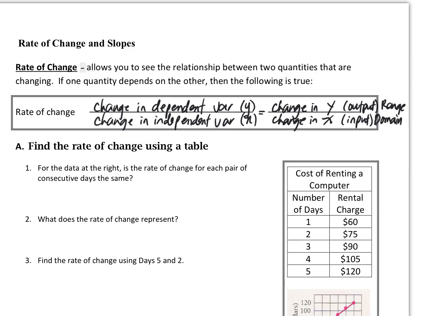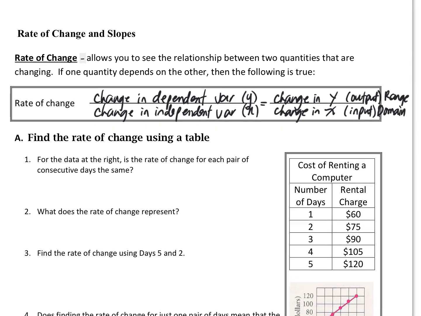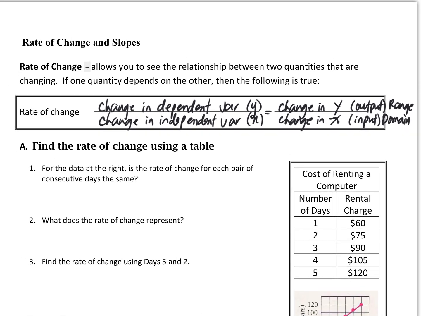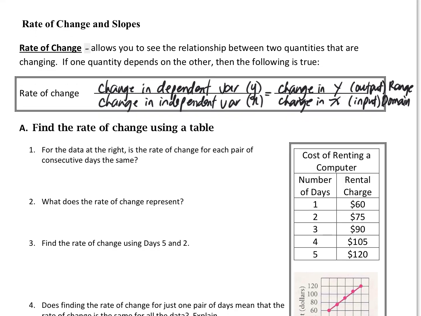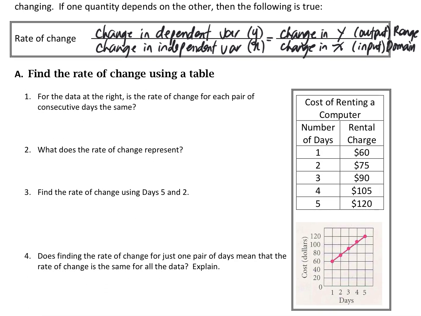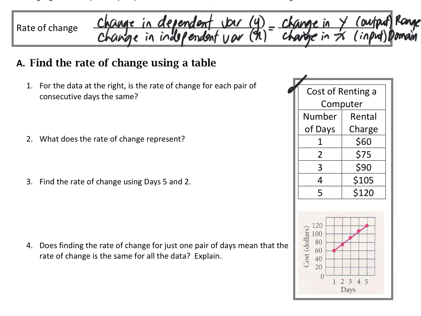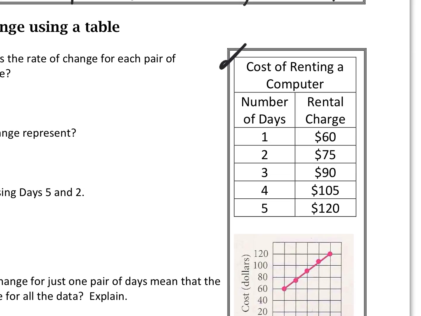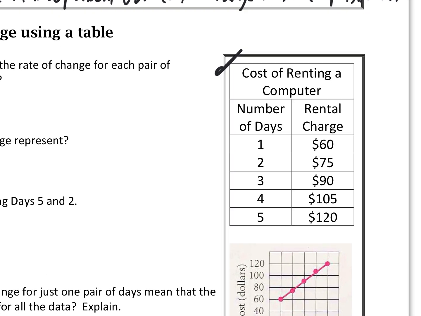Okay, so now you have a little knowledge on what rate of change is all about. So let's look at letter A in here. Find the rate of change using the table. If we scrutinize the table properly, we can see the change from 1 to 2 is only 1, 3 to 2 is still 1, 4 minus 3 is 1.